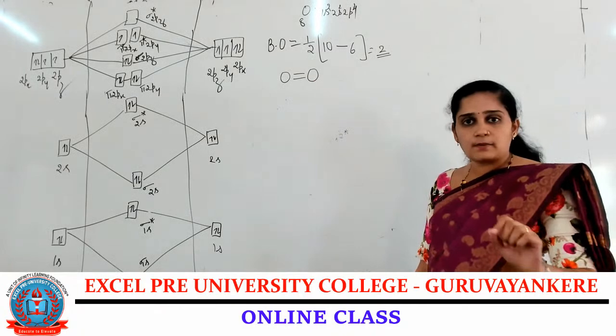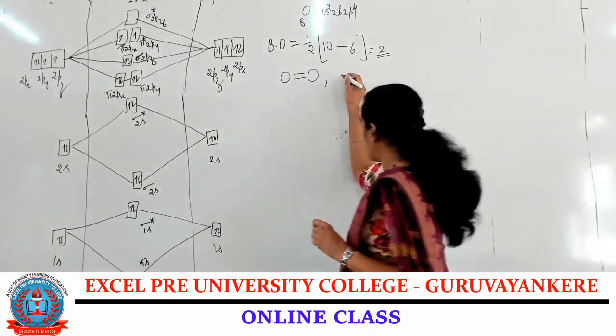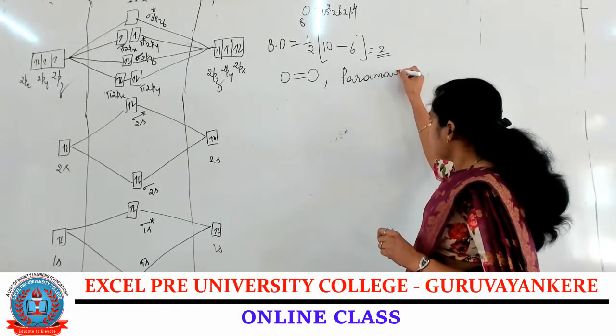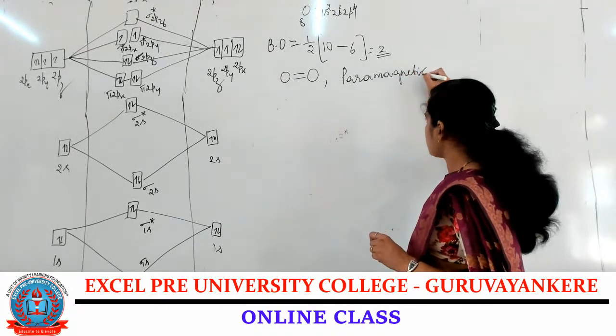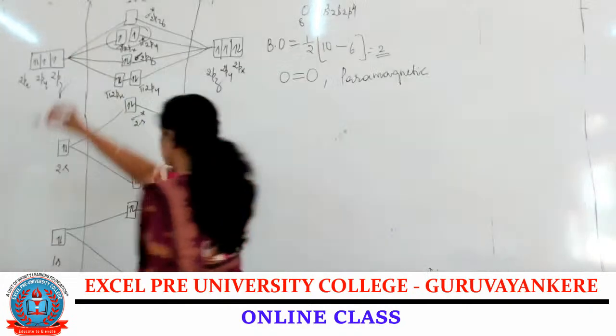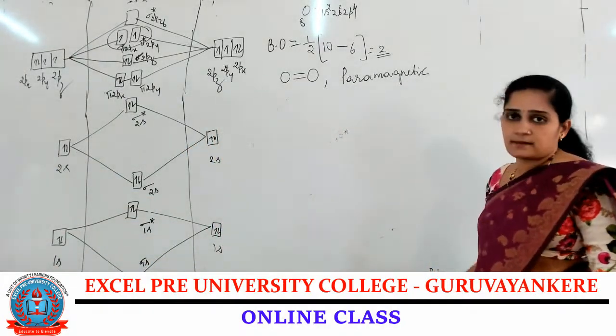The two bonds are different, one is a sigma bond, another one is a pi bond. And the magnetic character is paramagnetic. Why is it acting as a paramagnetic one? Because it contains unpaired electrons in its molecular orbitals. So it is acting as a paramagnetic one.